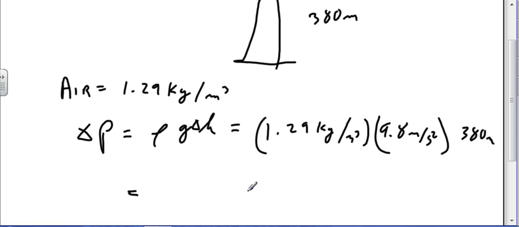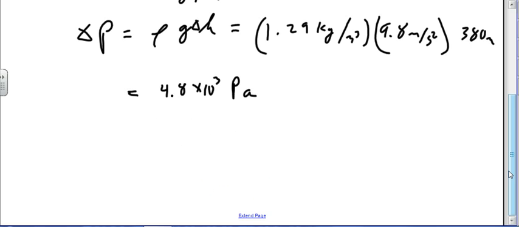And when we get done, our answer will be in pascals, which doesn't help us any because we probably don't like it. 1.29 times 9.8 times 380 is 4.8 times 10 to the third pascals.